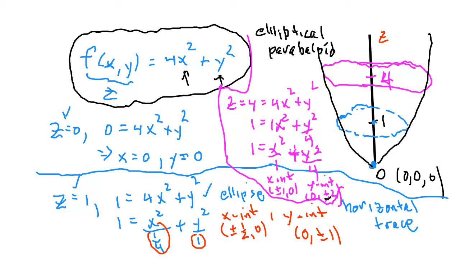All right. And by the way, I don't think I have this spelled right. Oh my goodness, it's called a paraboloid. I didn't spell it right. Let's see, forgive me.